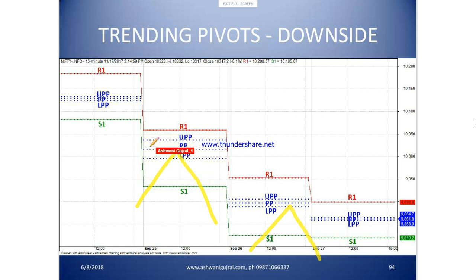This is your zone which decides that the trend is still intact. Where do you keep a stop? Below these pivots most of the time, but if R1 is very near the pivots, even R1 can be used as a support. Till R1 is held, we are going to move lower.